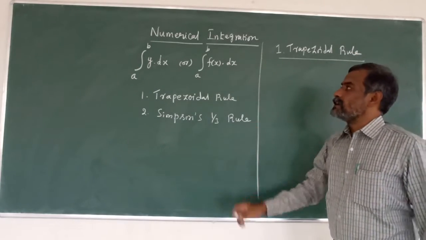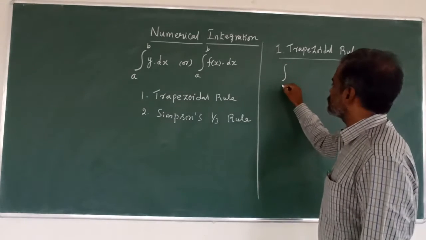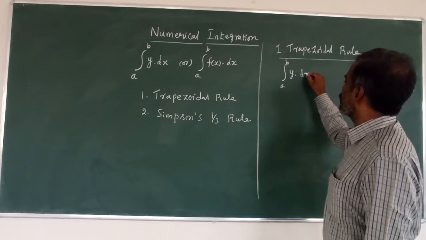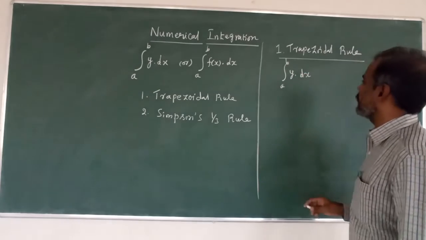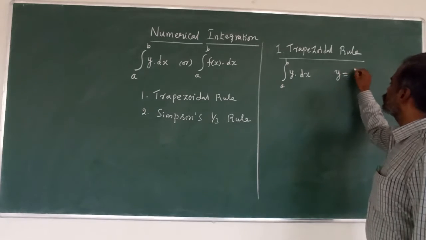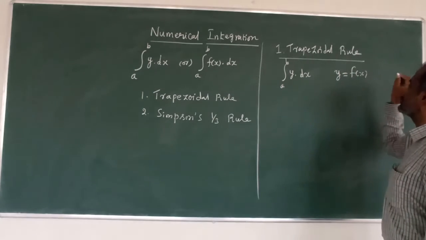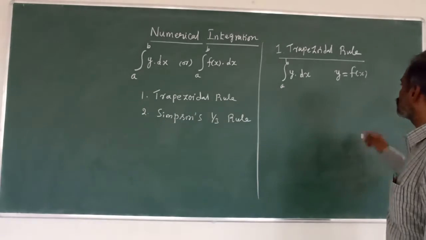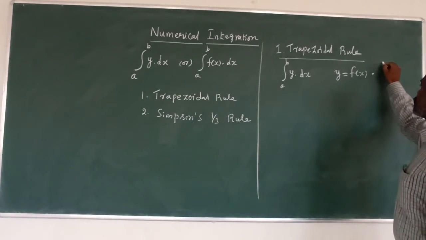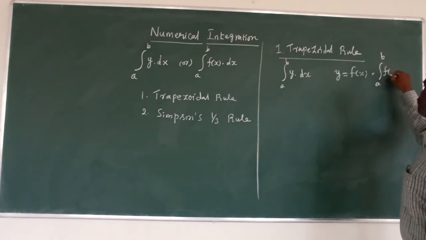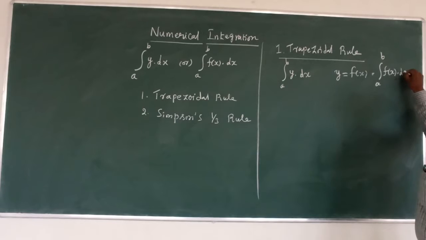Here the given integration is a to b y dx. Here y equal to f of x, so we can write integration a to b f of x dx also.